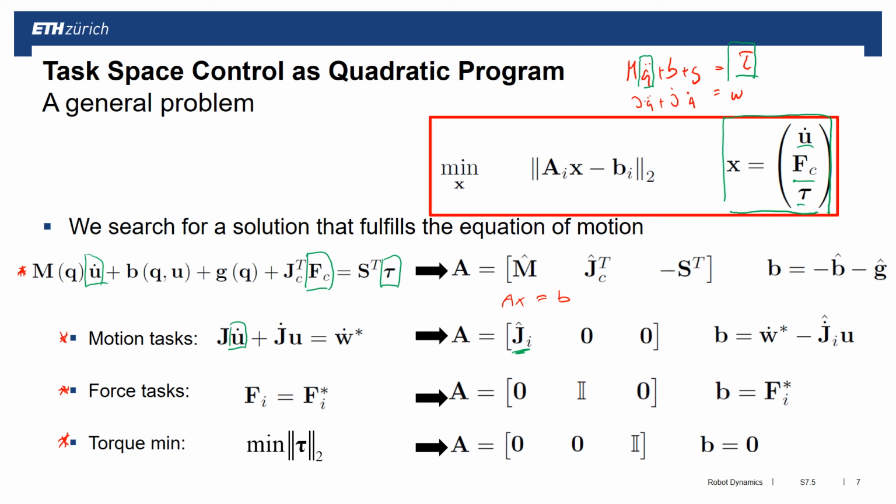And all we have to do is convert these individual tasks into these A matrices and b vectors, and then solve for x, while these individual tasks have certain priorities.